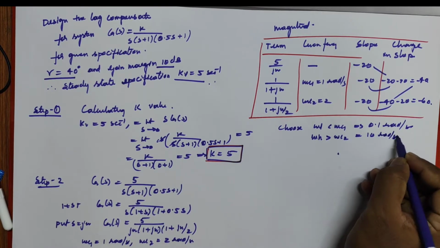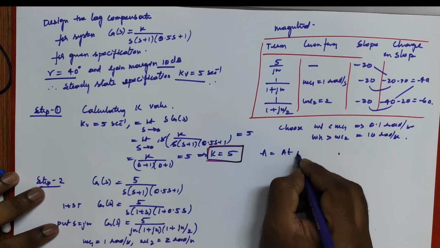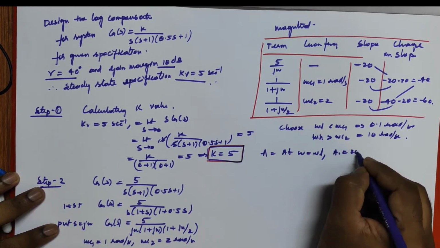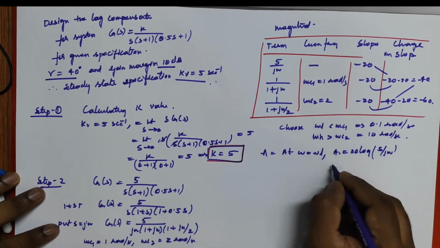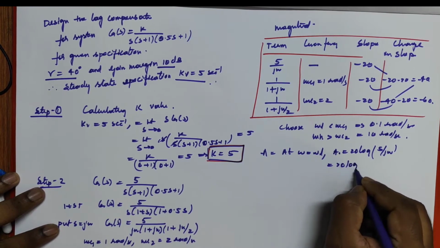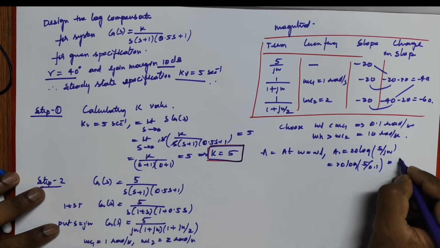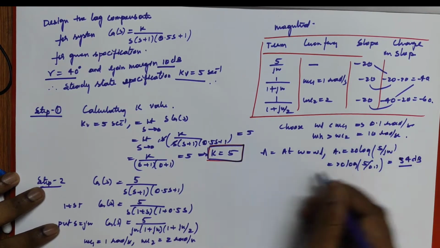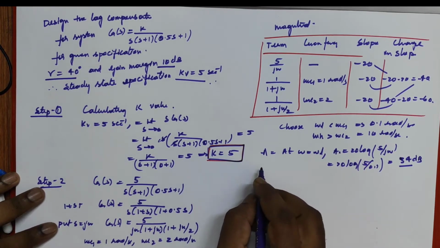Now the magnitude A at omega equal to omega L is 20 log of 5 by j omega. Substituting omega equal to 0.1, I obtained about 34 dB. I already calculated this just to save time.